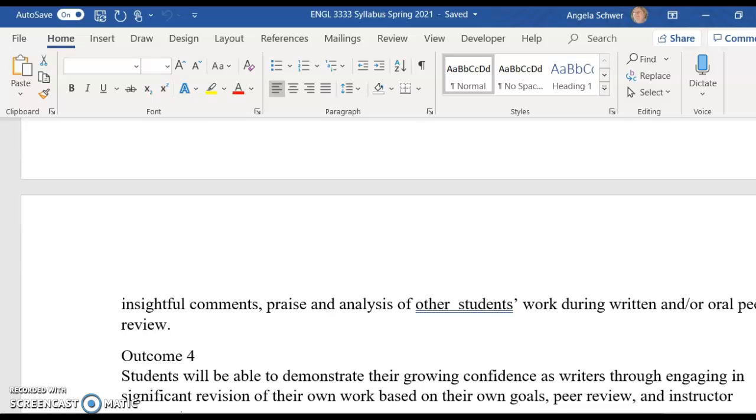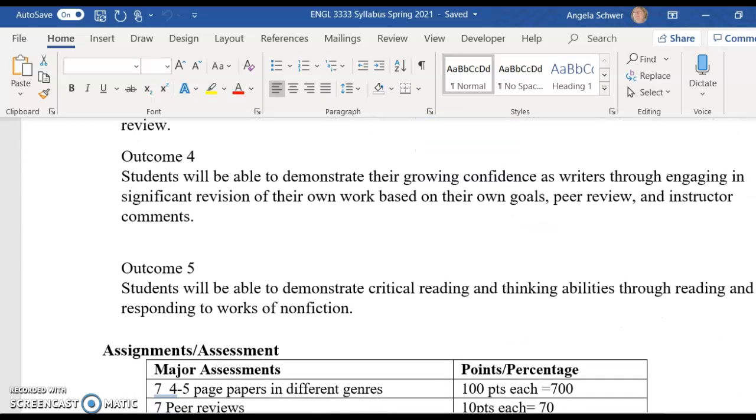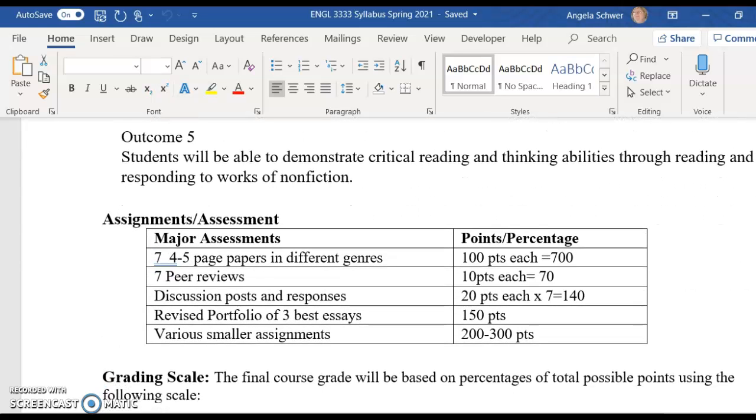And you will also engage in revising your own work significantly. And again, as in all English classes, critical reading and thinking abilities are very, very important tools for your future success that we are cultivating.